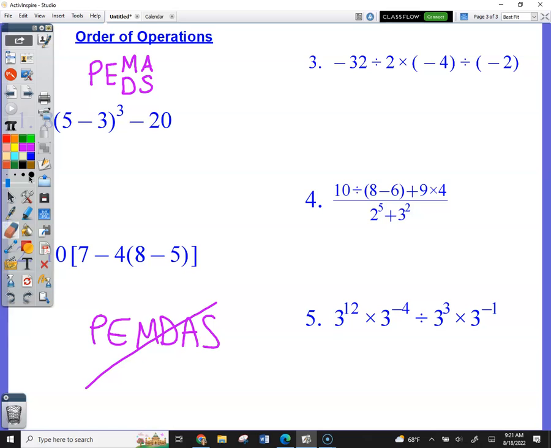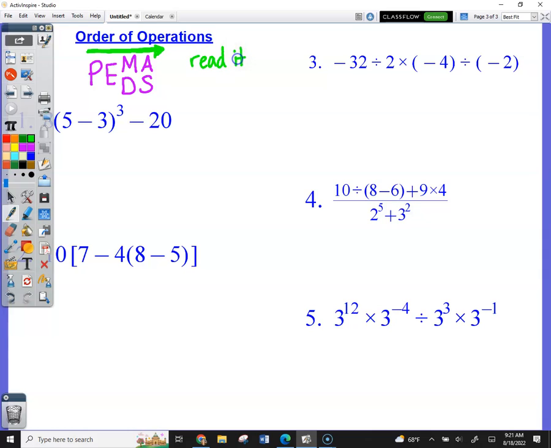Let me get rid of this mess. This is the correct way to represent it. I'm going to do a green arrow and show you that it goes from left to right. And I want you to make a note that you read it like a book. You read it like a book.